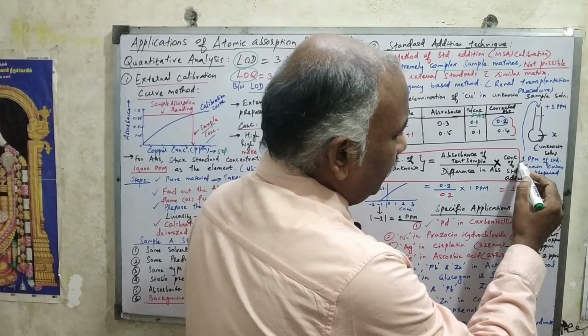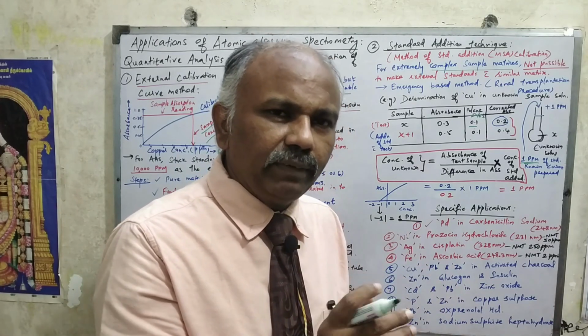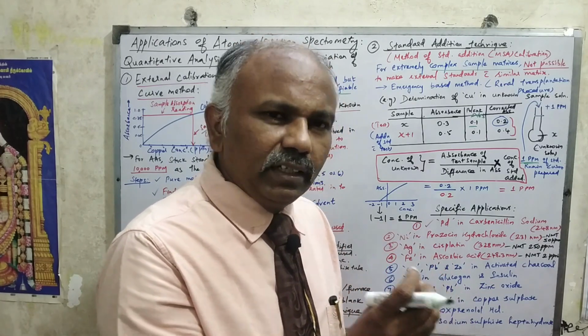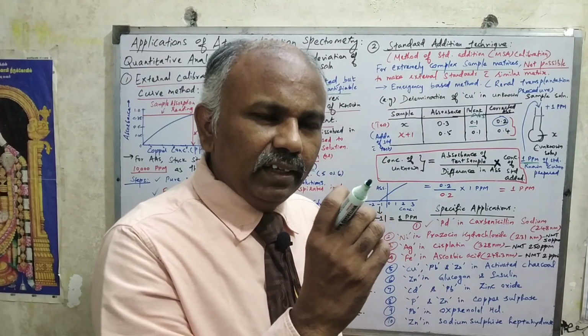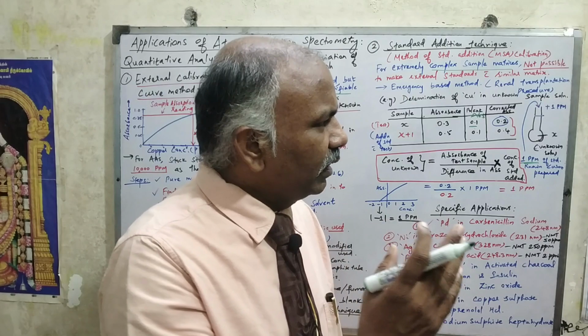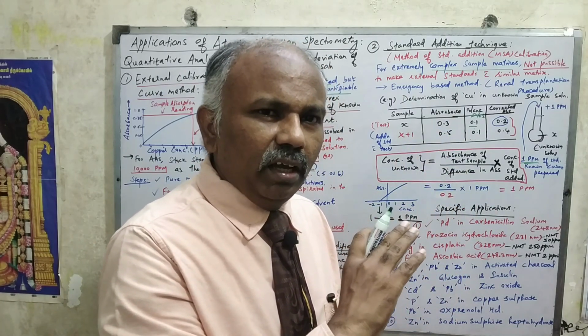Lesser concentration means a very minute concentration, 1 parts per million of standard known copper sulfate. Why are we using less concentration? Because if you add too much concentration, dilution and other aspects will affect the sample also, right? The absorbance should not vary too much.